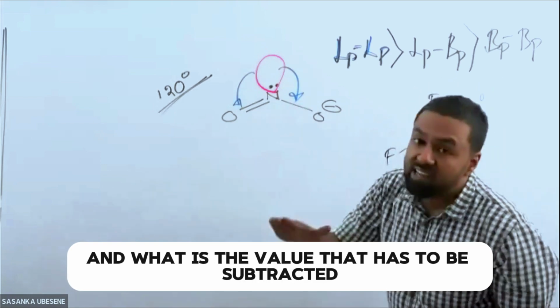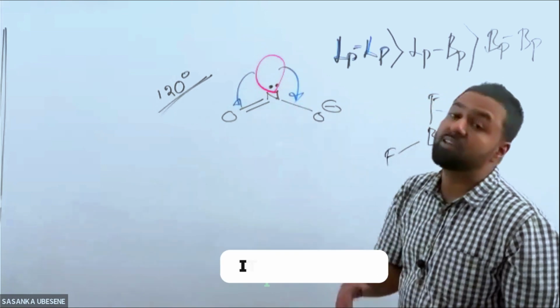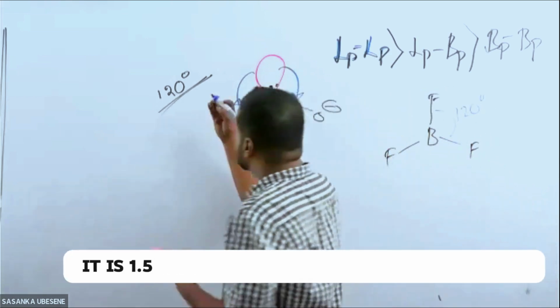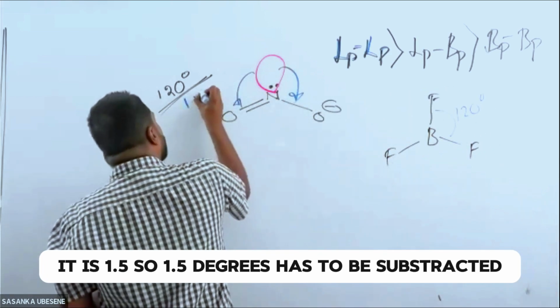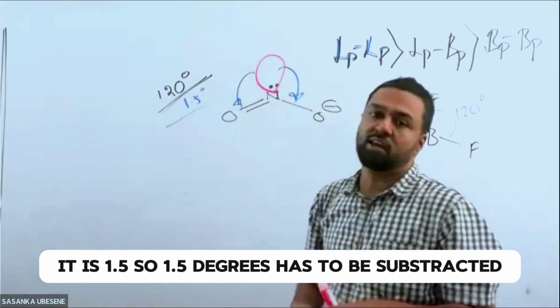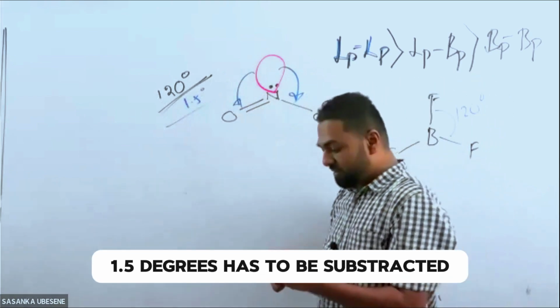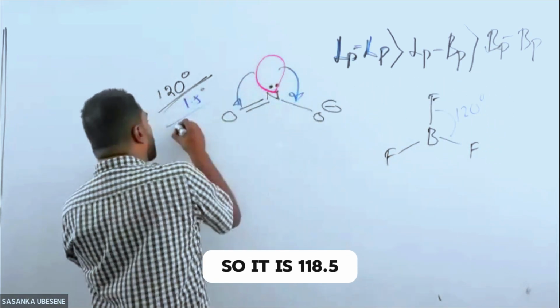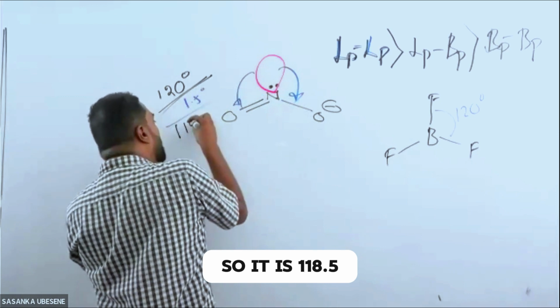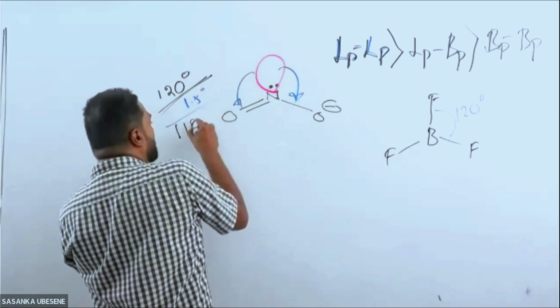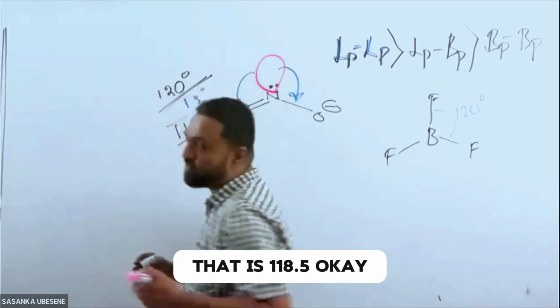And what is the value that has to be subtracted? It is 1.5 degrees. So it is 118.5.